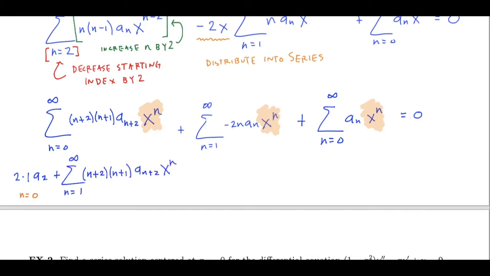And now the remainder of that series will have the same structure, but it will just start at n equals 1. This second series already starts at n equals 1, so I don't have to make this type of modification. And now this third series does have that additional term, so I will once again peel off that n equals 0 term and then write the n equals 1 through infinity terms in this sigma form.